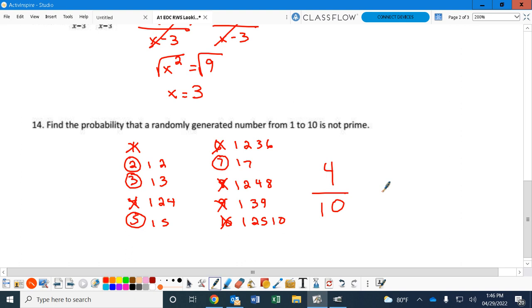Read the question again and tell me why that's not the correct answer. You have to find the probability. They didn't ask if it was prime. They asked if it was not prime. How many of them are not prime? 6 out of 10, which reduces to 3 out of 5.